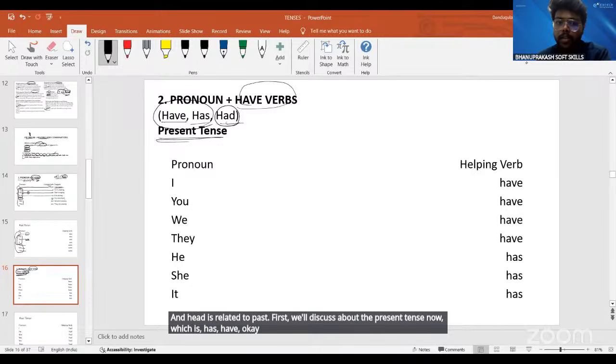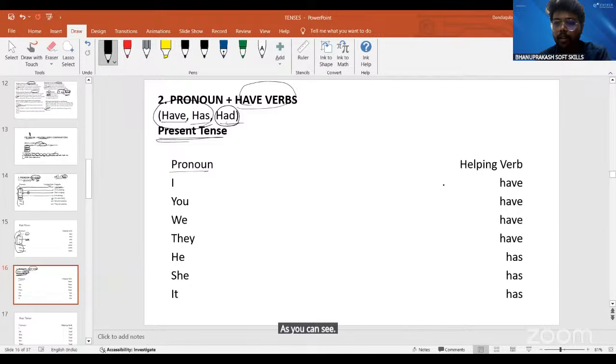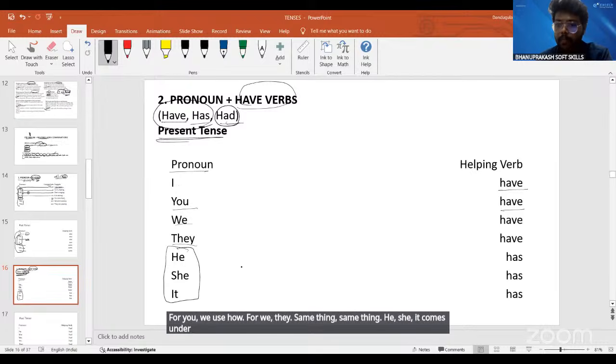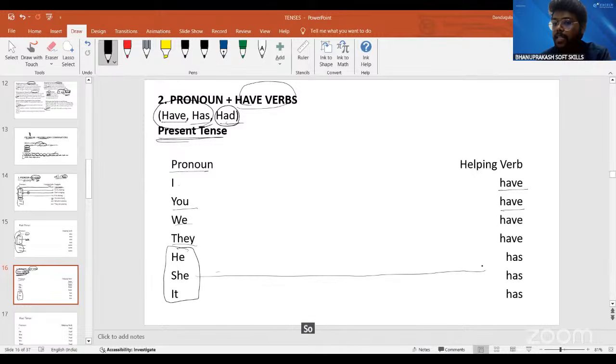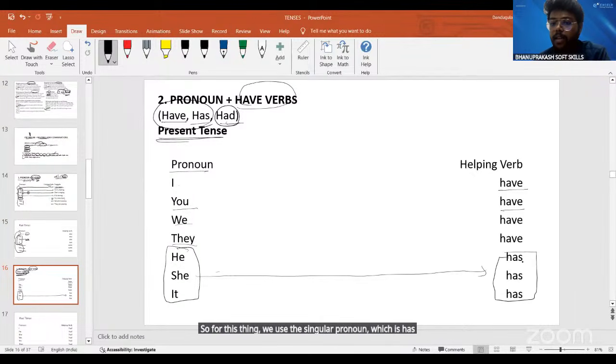As you can see, for I, we use have. For you, we use have. For we, they, same thing. He, she, it comes under the same category. So for this, we use the singular form, which is has. She has, he has, it has.